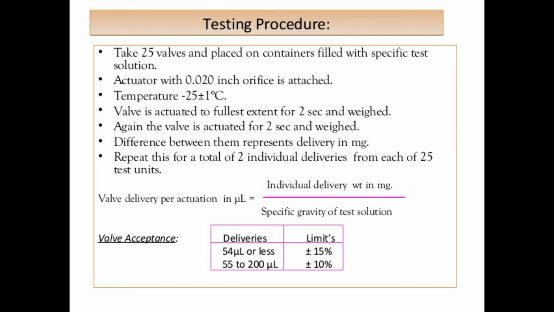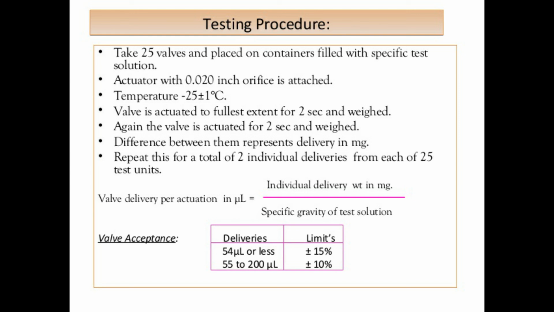Repeat this for a total of 2 individual deliveries from each of 25 test units. The formula is: volume delivery per activation in microliters is equal to individual delivery weight in mg divided by the specific gravity of the test solution. Here the valve acceptance criteria apply.